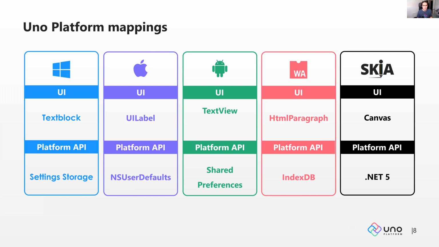What we've done is basically re-implement the setting storage per platform so that there's only one API that comes from WinRT and UWP, and we're taking care of the rest. So it's NSUserDefaults on Apple platforms, SharedPreferences on Android, and IndexedDB for WebAssembly and things like that. That's the way we're handling platform differences, so you don't have to take care to know about those.